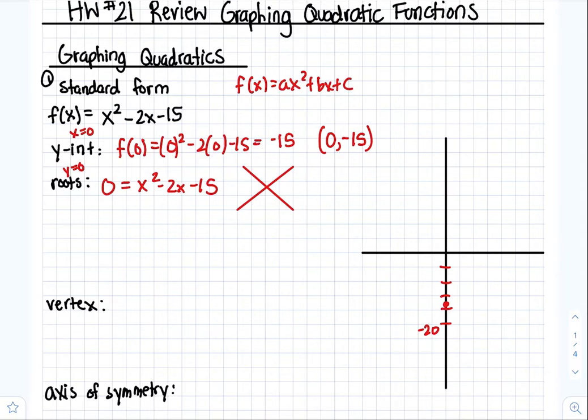So on the top, it's a times our c value, which is 1 times negative 15 for negative 15, and our bottom is our b value, which is negative 2. Two things that multiply to negative 15, but when you add it gives you negative 2: negative 5 and 3. So 0 equals x minus 5, x plus 3.